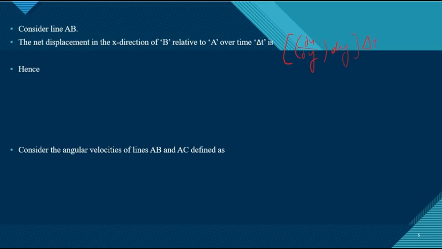Correct? So again, from the figure, can we write tan of minus delta theta 1 as ∂u/∂y dy delta t by dy, which upon simplification gives me ∂u/∂y delta t. So this is our equation 3.